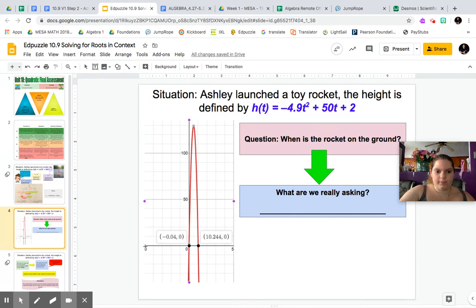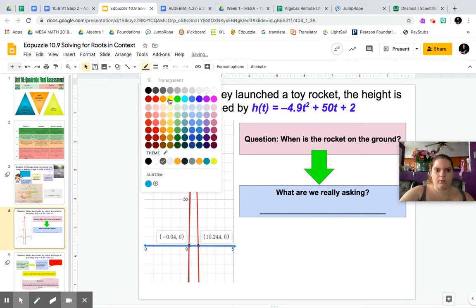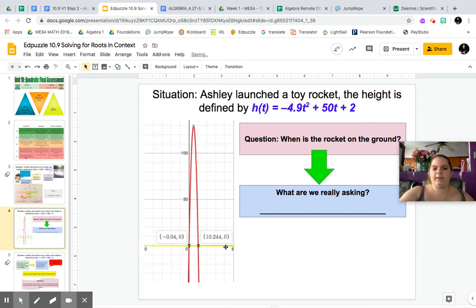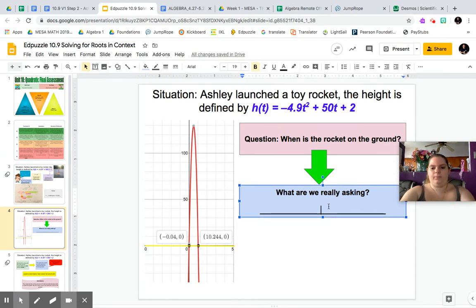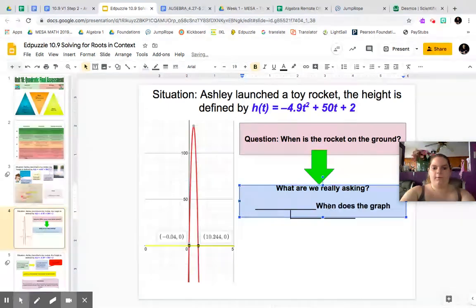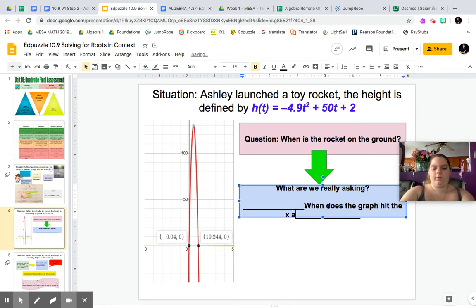You want a line right here. This line, make it nice and bright for you, is the x-axis. So instead of asking when is the rocket on the ground, we're really asking when does the graph hit the x-axis.